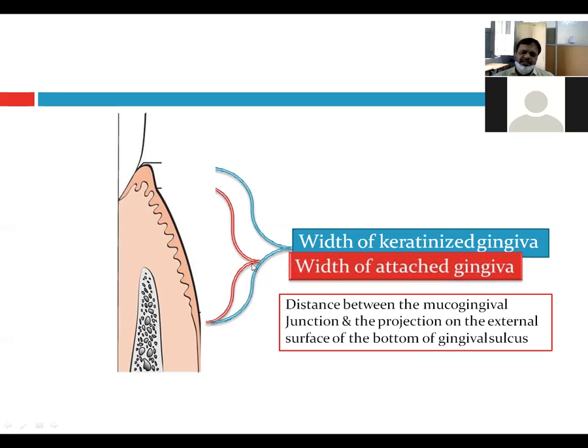When you are recording case history, we have to determine the width of attached gingiva. How is it calculated? It is the distance from your mucogingival junction minus your probing pocket depth or gingival sulcus depth. So this is called the width of attached gingiva.